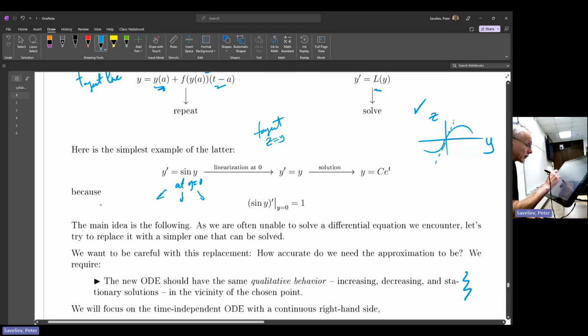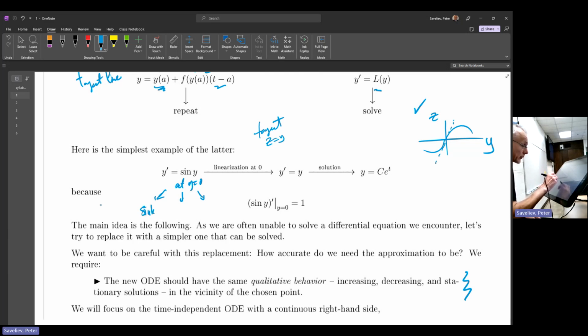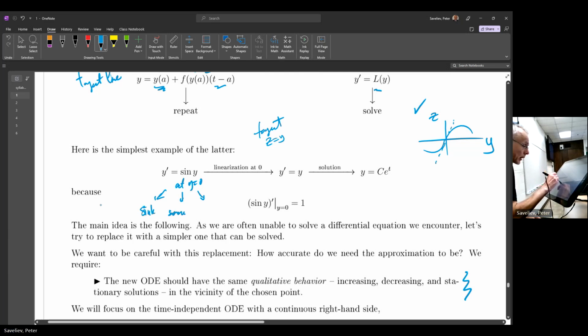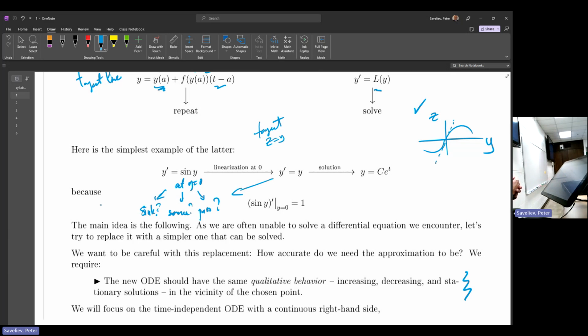There are three possibilities. Remember, once again: sink, source, and a pass. Which one is it? When we replace it, that one should give the same answer. The original equation and the new one should have the same answer about the classification of that special point.